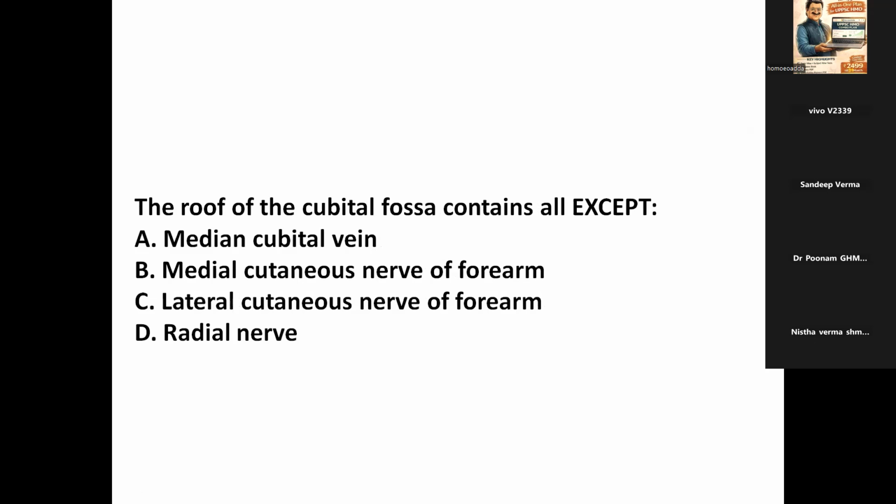The roof of the cubital fossa contains all except. This is very simple. What was in the superficial fascia?